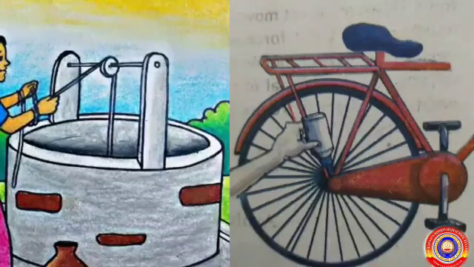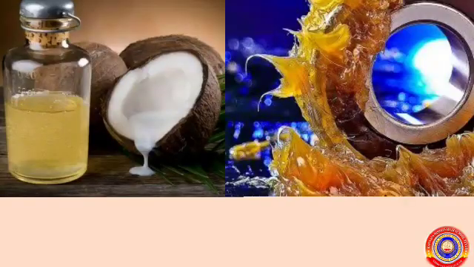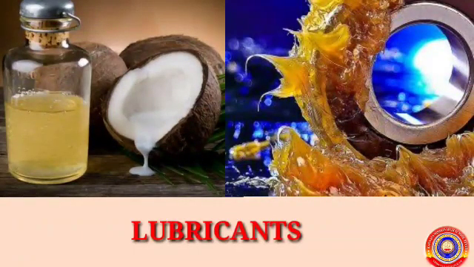We apply oil to the pulley used to draw water from a well, and oil or grease is applied to the moving parts of vehicles. What is the advantage of doing so? Yes, this is done to facilitate the movement of that part more easily, isn't it? Such materials which are used to reduce friction are called lubricants.